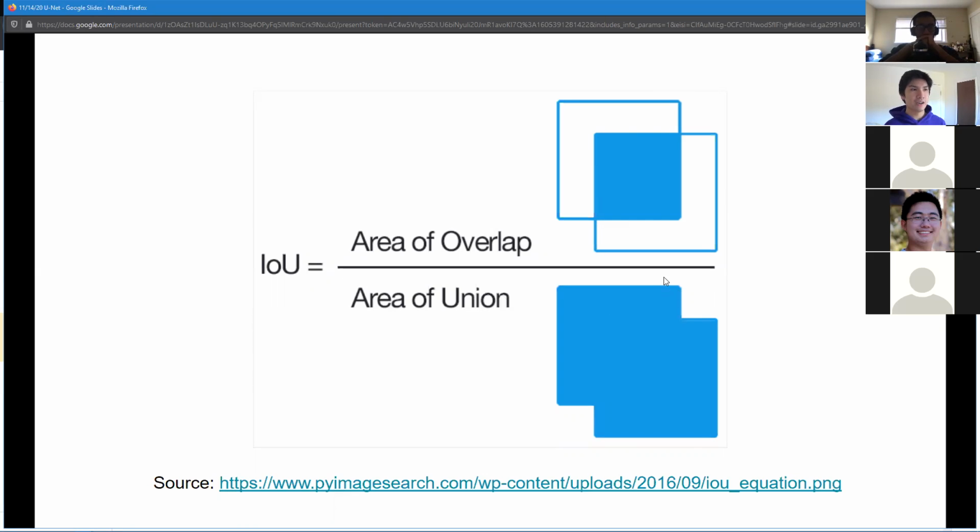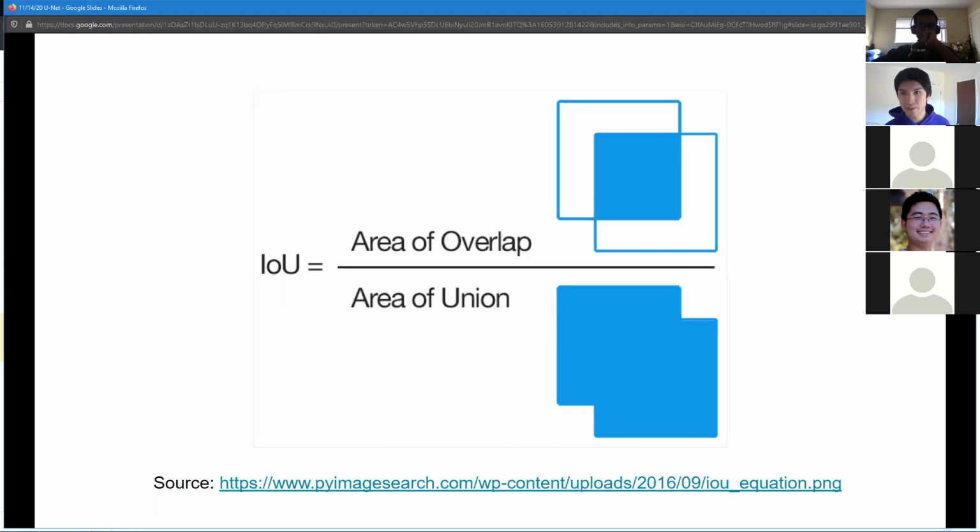So if you put the ground truth segmentation and overlap it with the predicted segmentation, to get these areas all you have to do is count the number of pixels in the overlap area, and divide by the number of pixels in the union.